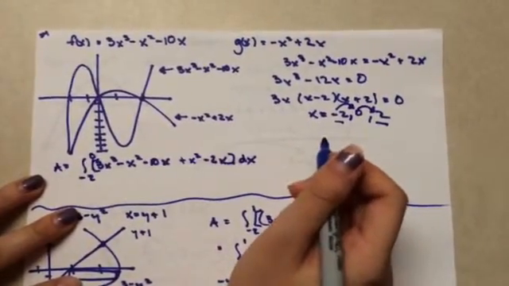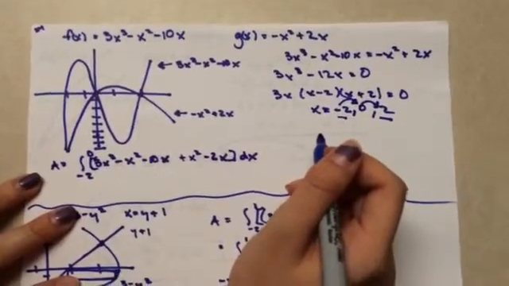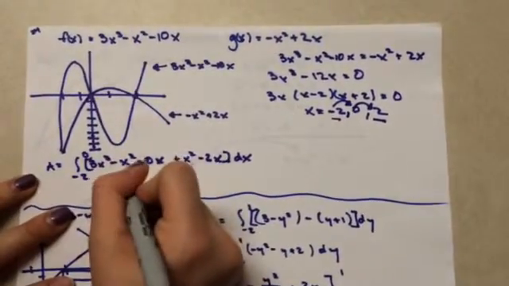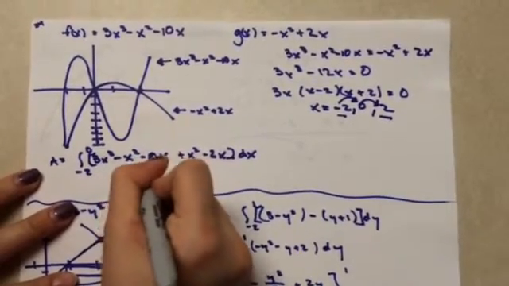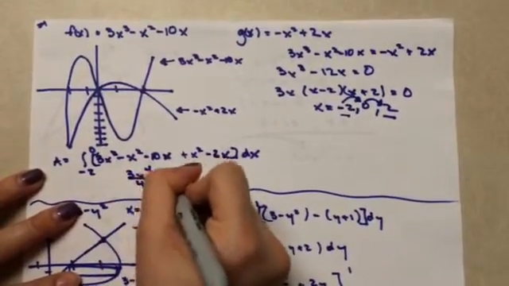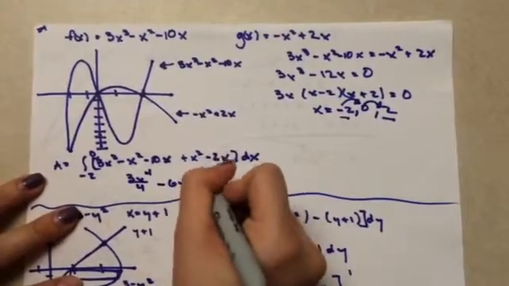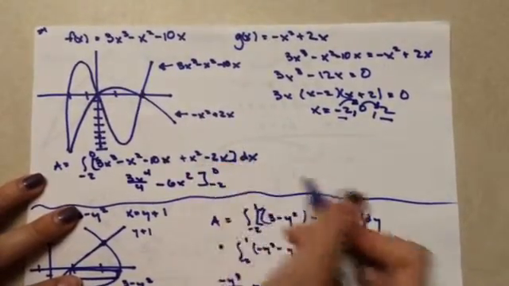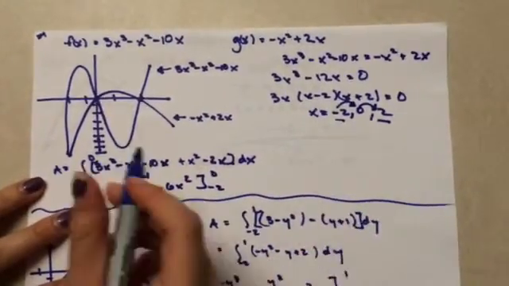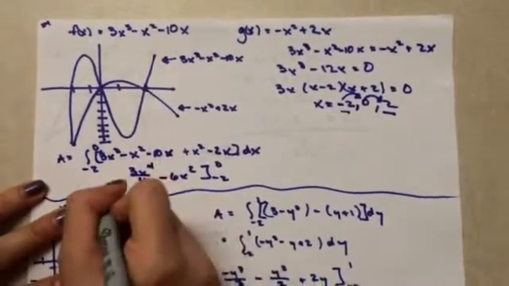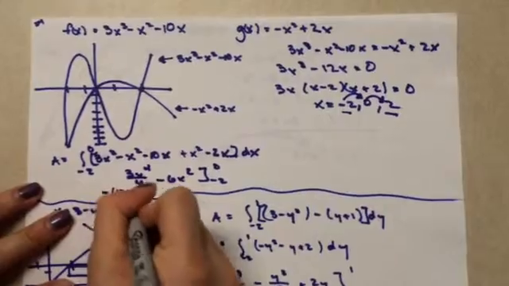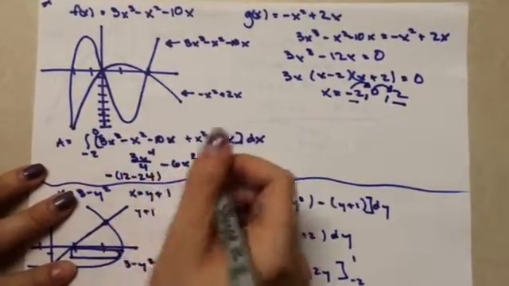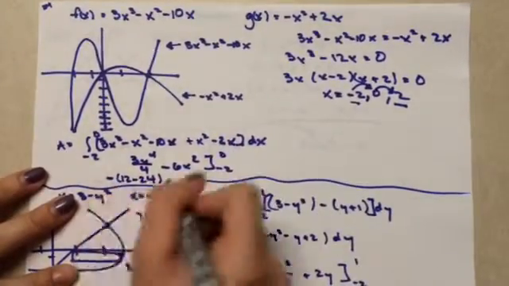We're going to simplify all of this, and after we take the antiderivative, we're going to skip a few steps. We're going to get 3x to the 4th over 4 minus 6x squared, evaluated at -2 and 0. So when we plug that in, this is going to give us 12 minus 24, and that's the first part.